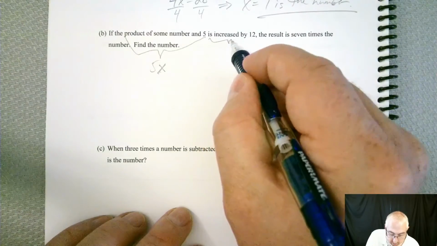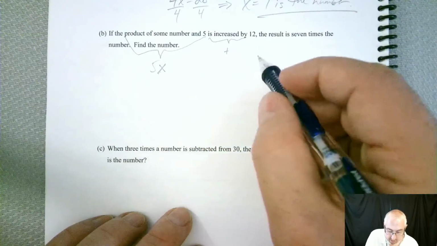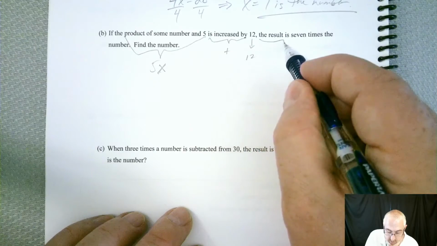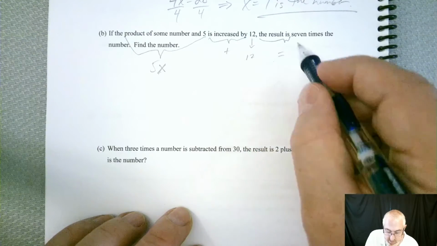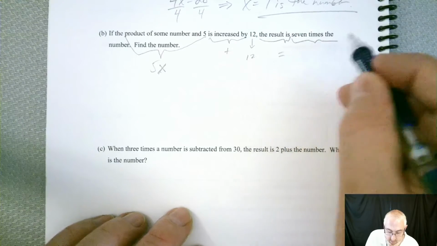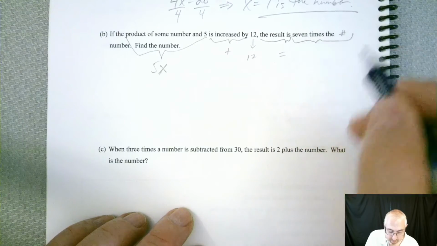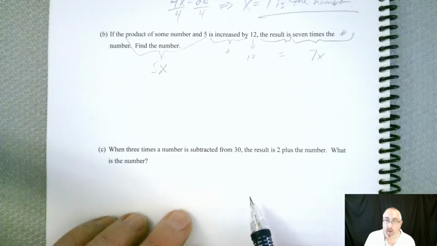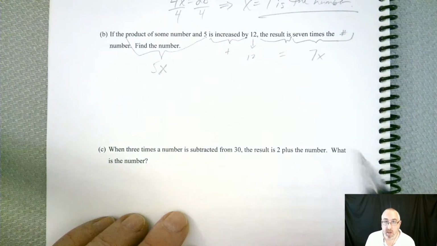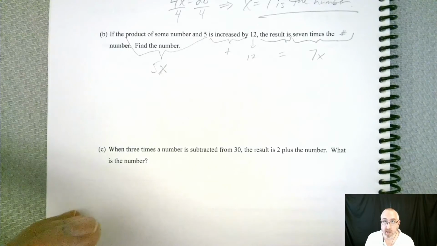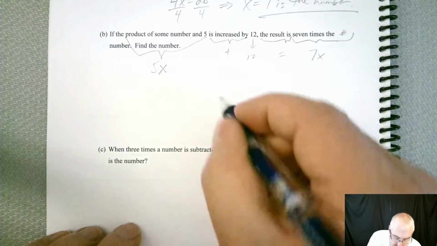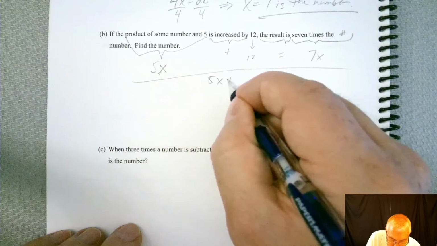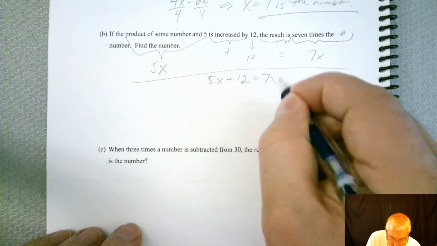Is increased by, we know that that's plus, and our 12, the result is 7 times the number. So that should be all of the different pieces identified and translated. So let's put it all together. So we got 5x plus 12 equals 7x.